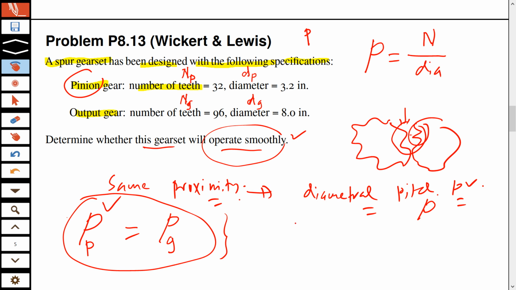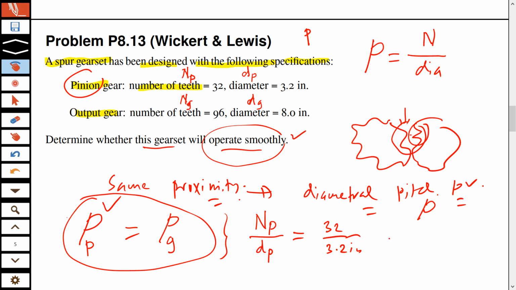Now we have to find out this value for the pinion gear. So it will be NP divided by DP. That is 32 divided by 3.2 inch.